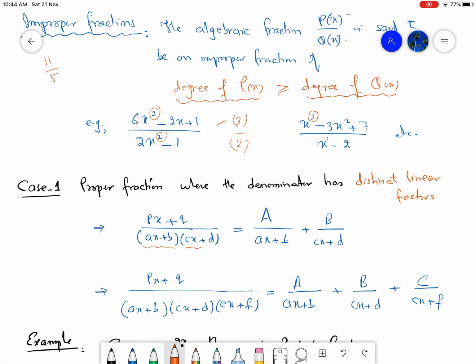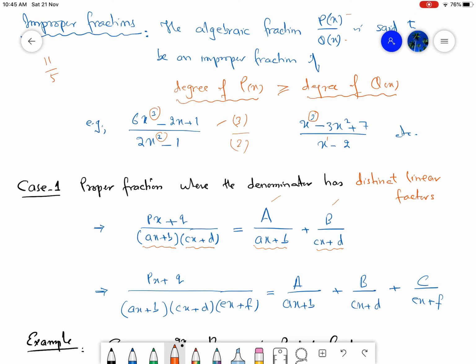These are the two distinct linear factors in the denominator. The partial fraction of this type of expression can then be written as, we define two variables, capital A and capital B, just to distinguish them from other variables: A over the first factor plus B over the second factor.